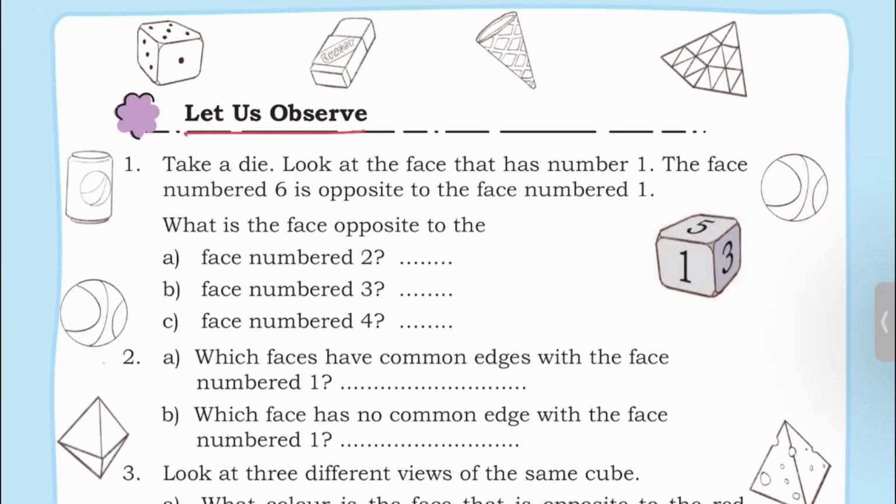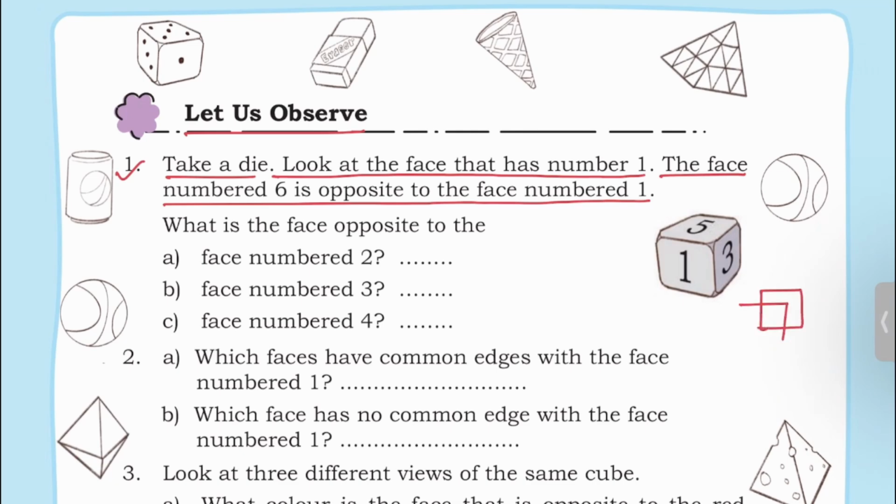Let us observe. 1. Take a die. Look at the face that has number 1. The face numbered 6 is opposite to the face numbered 1. If you look at a die, you will note that the face opposite to the number 1 is 6, and for 2, 5, and for 3, 4.